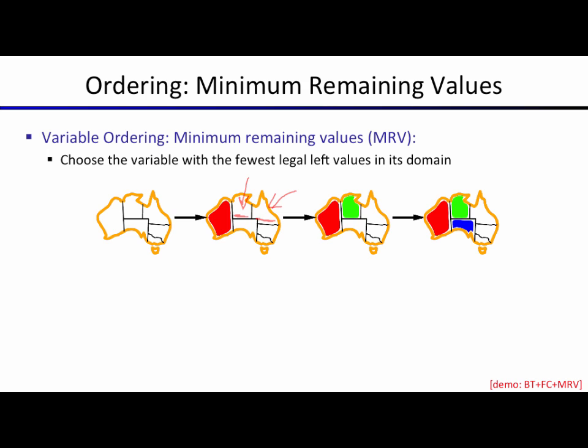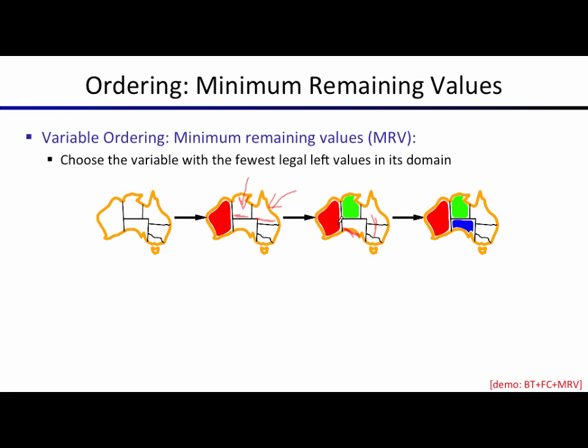And then we're going to go to that one in the south there, because now if I compare this one to these guys, how many values does it still have left? 1. So I might as well assign it the value and then see what happens afterwards, right? I'll have to eventually assign it blue. If I don't do it now, later I might have assigned something else that might have made blue not work anymore, or something like that.